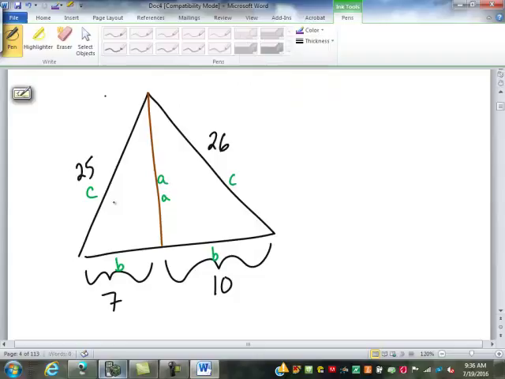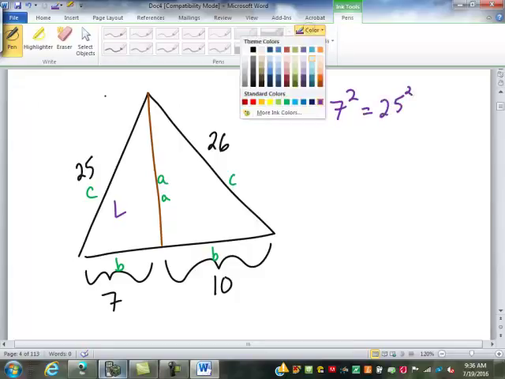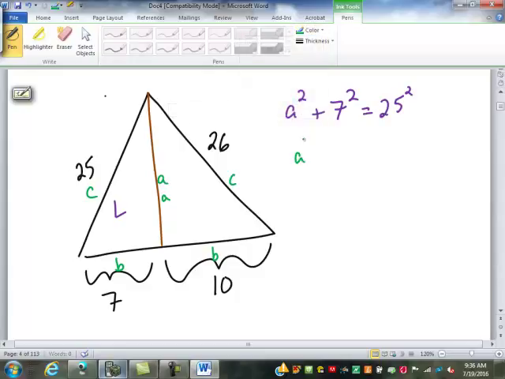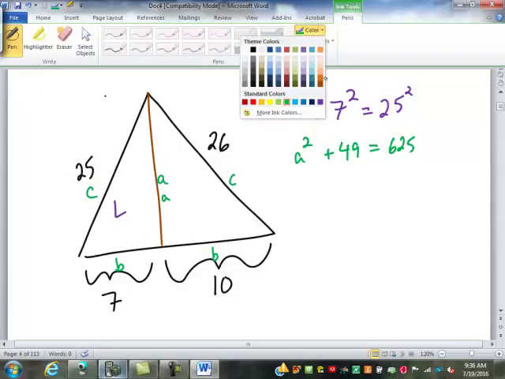So let's do the left side here first. A squared plus 7 squared equals 25 squared. So A squared plus 49 equals 625.